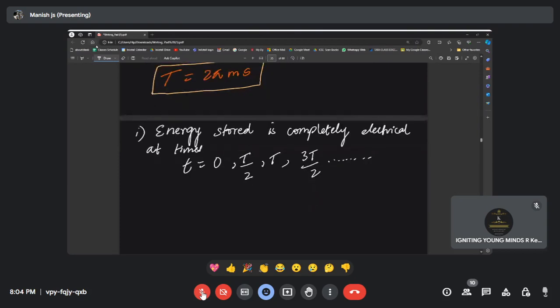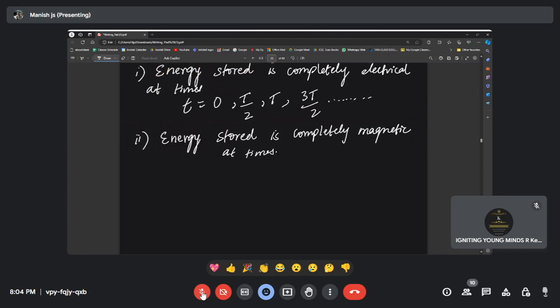Same way for magnetic. Second one: energy stored is completely magnetic at times, again we have the relation for that time period as well.